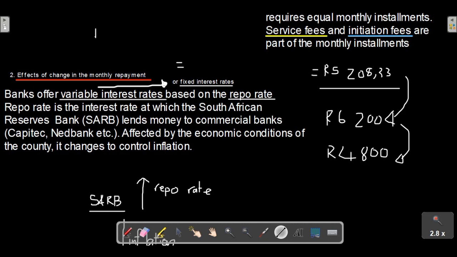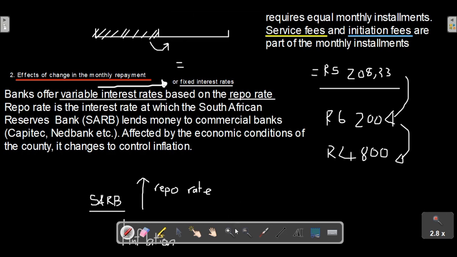So if you have borrowed money, let's say for 2 years, you can apply for the fixed interest rate for a year. That means you are paying a constant monthly installment for only a year, and then it changes, so you still have to apply for another fixed interest rate in the second year, and maybe during that year the repo rate has increased, and so it's also affected as well.